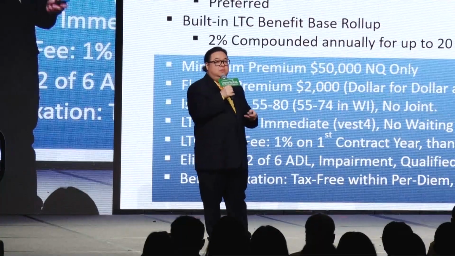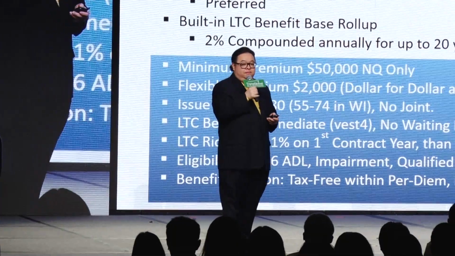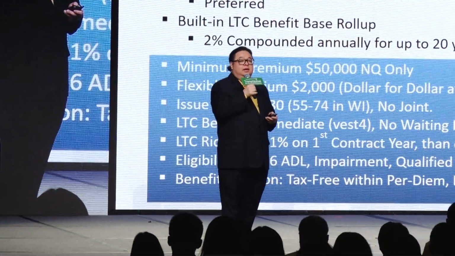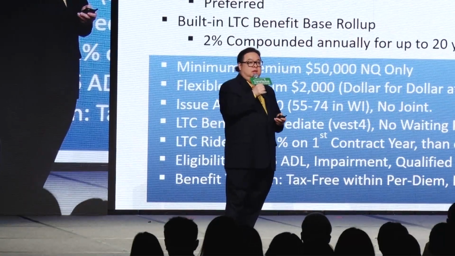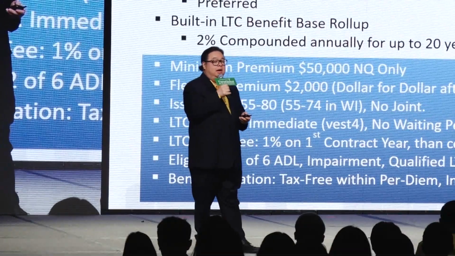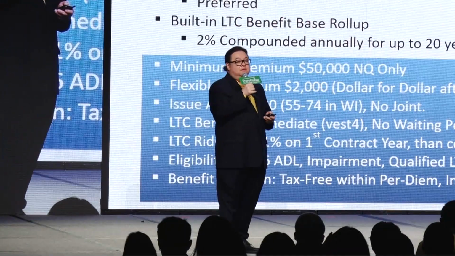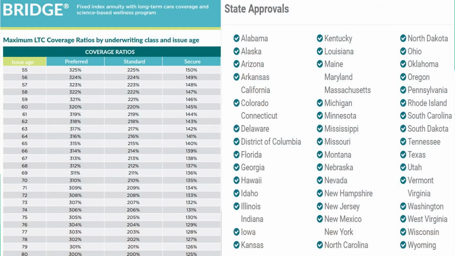I will talk a little more about it when we do the agent training. It is indemnity, and it has per diem. Only non-qualified money is accepted. And the benefit is tax-free. So not all of the states have that. So this is the state map for this product.